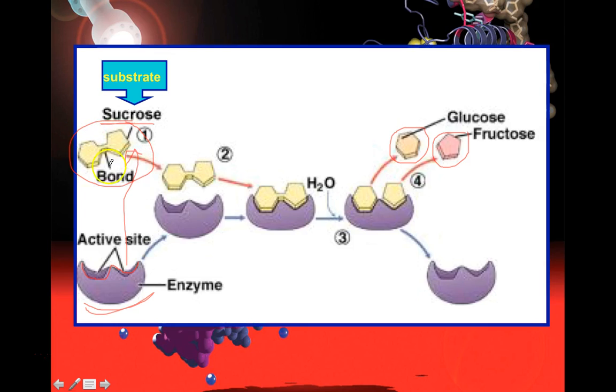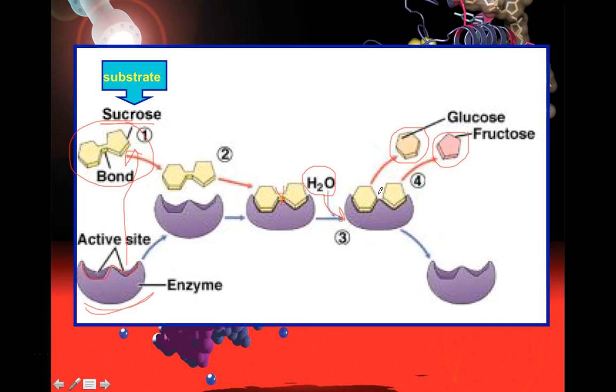So the substrate and the enzyme will find each other, as we see here in stage 2. It bonds perfectly. Once we have that lock and key fit, that's when the chemical reaction is able to take place. So notice here, because it is a hydrolysis reaction, water is going to enter. Water is going to break this covalent bond over here. Notice how the covalent bond is not here now.